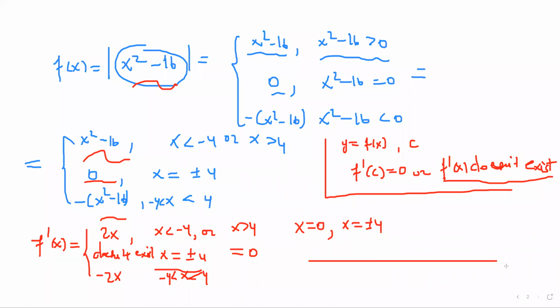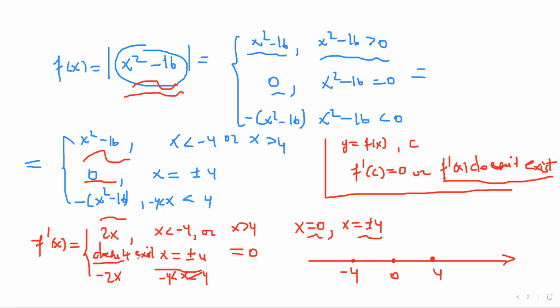Now, how are we going to investigate? We are going to use the mostly used method here, which we call the interval method. We are going to organize the sign chart for these numbers. We have -4, 0 and 4. We don't have any problems with these points because at 0 and plus or minus 4 our function is defined and continuous.